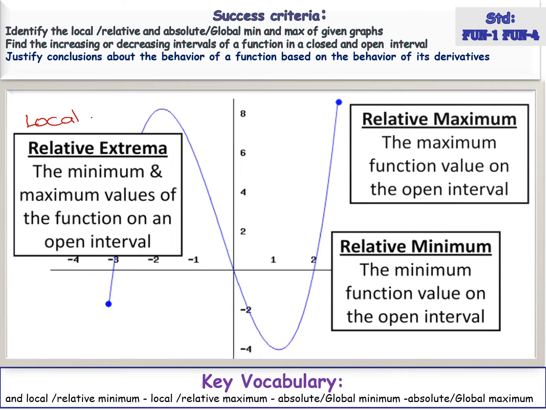Local minimum and local maximum refer to the highest or the lowest points of a turning, only turning. So here you can say that this is a turning, and in this turning, this point is the highest point of the graph. It is the highest point of this turning, so that is said to be a relative maximum.